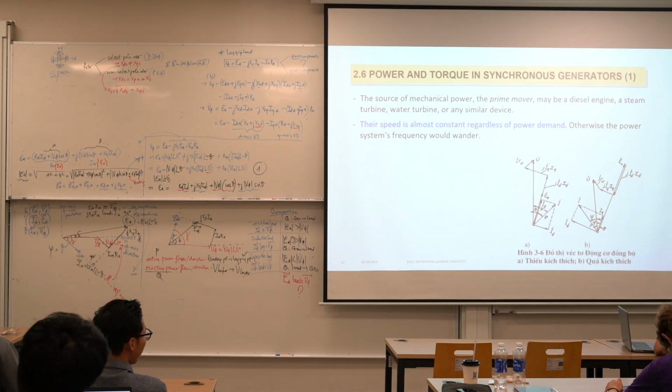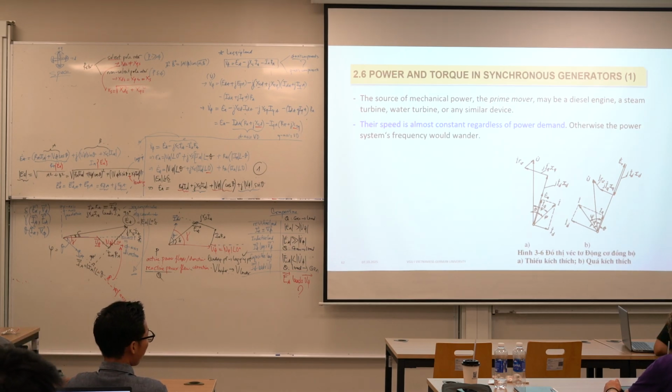How can we rotate the rotor? We need to use a prime mover. What does this mean? We can use a water turbine.